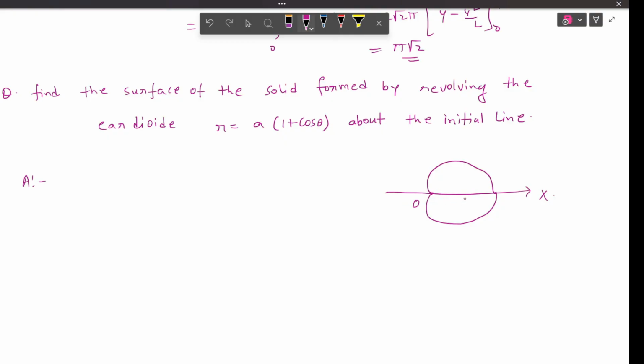So the required area is obtained by revolving only the upper part of the cardioid about the initial line. So you have to rotate this upper part.